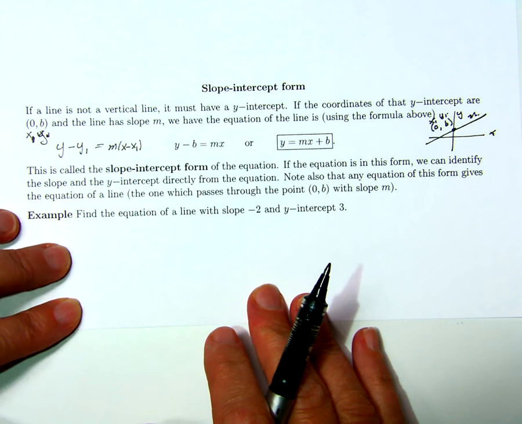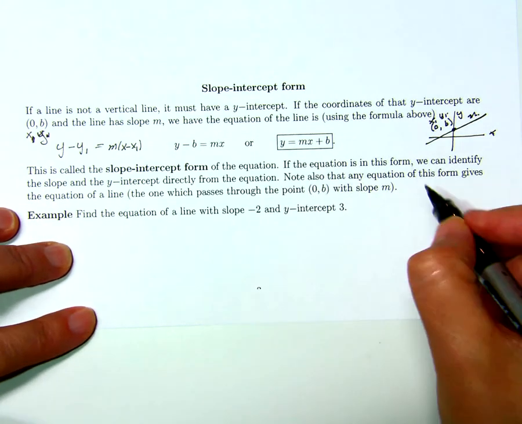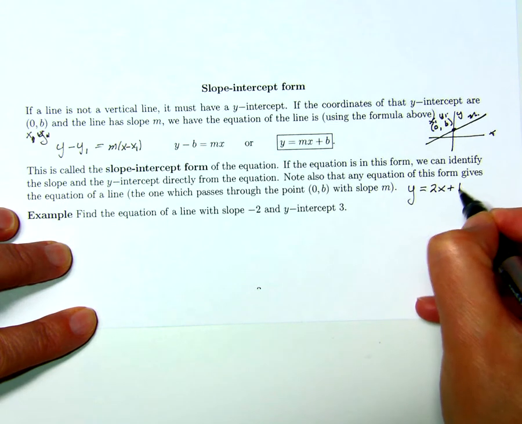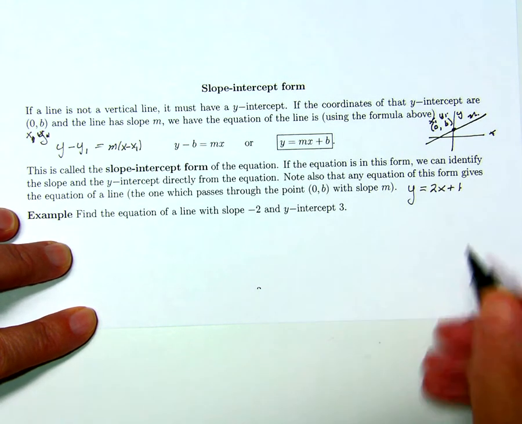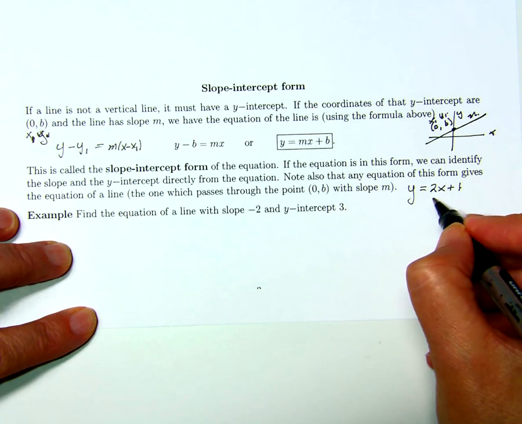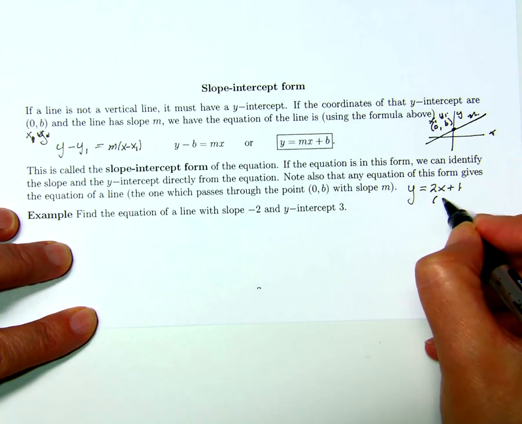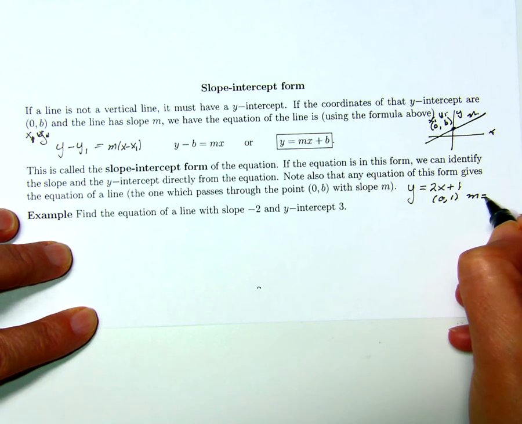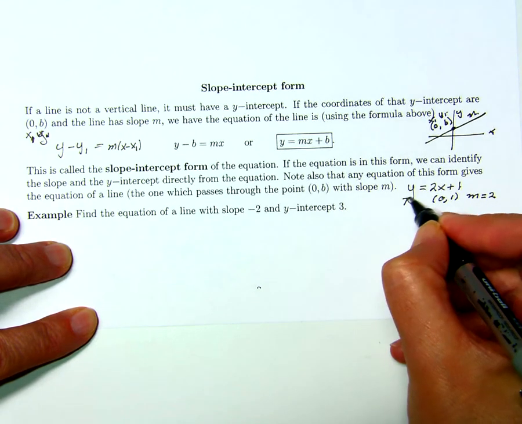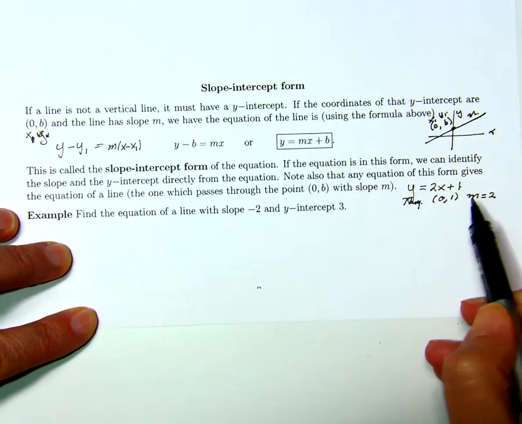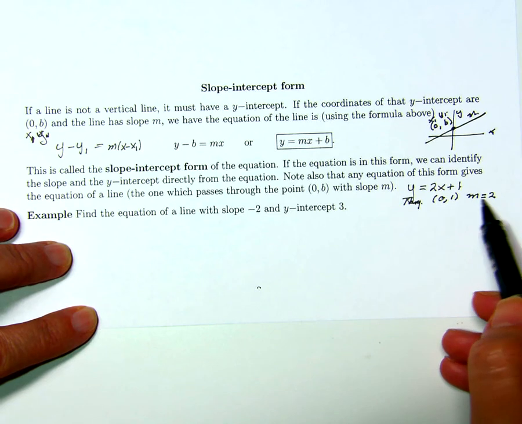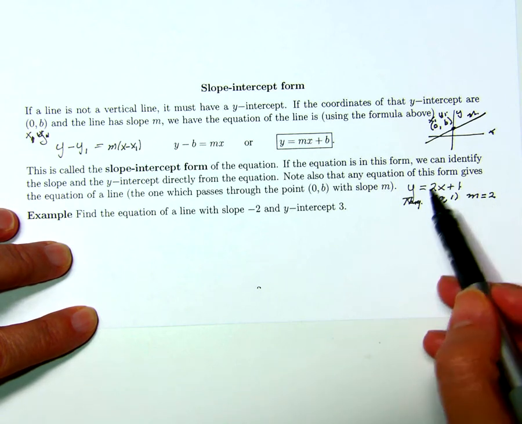Now conversely, suppose I have an equation that's of this form, say y equals 2x plus 1. Is that the equation of a line? Yes, it is. That's the equation of the line that runs through (0, 1) with slope m equals 2. And how do I know that? Because if I actually figure out the equation of this line, it's y minus 1 equals 2 times (x minus 0), I get this equation.